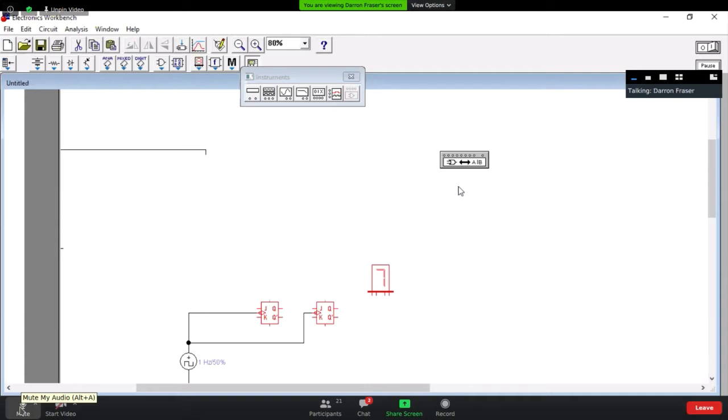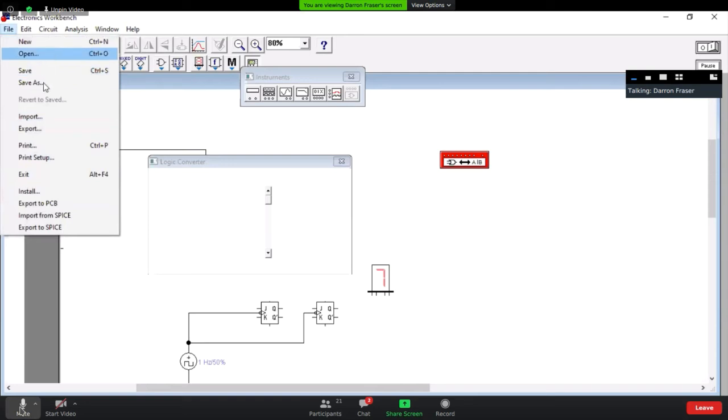I wasn't planning to do it by hand, but I don't know what is the matter with this. Sir, try closing it and opening it back all over again. Yeah, let me do that.